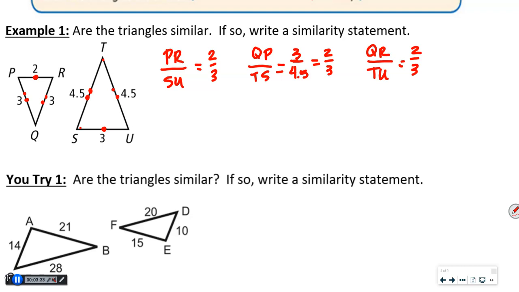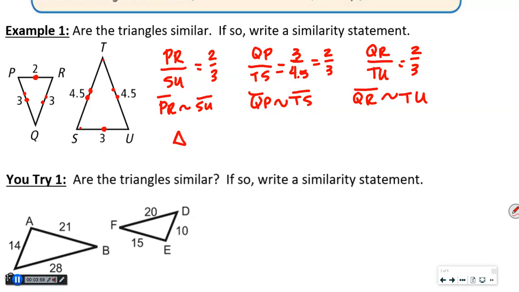Because we get the same ratio here, we can say that PR is similar to SU, QP is similar to TS, and QR is similar to TU. Then we can write a triangle similarity statement.